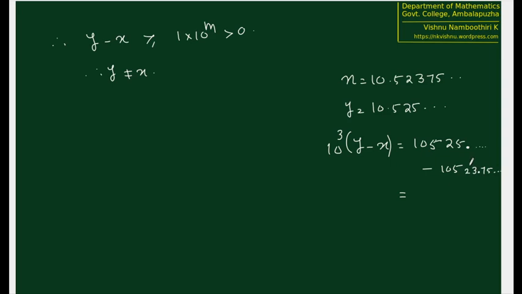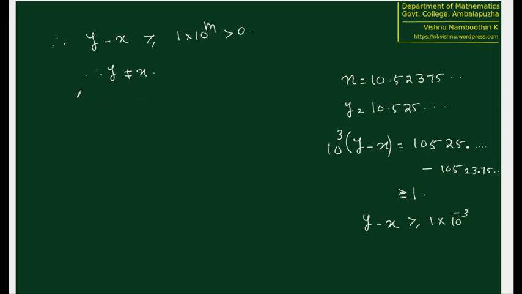It's going to be something of the order of 2, but we don't know. There is something else remaining, so the difference is at least 1. So y minus x is going to be greater than or equal to 1 times 10 raised to minus 3. This is what precisely we are saying here.